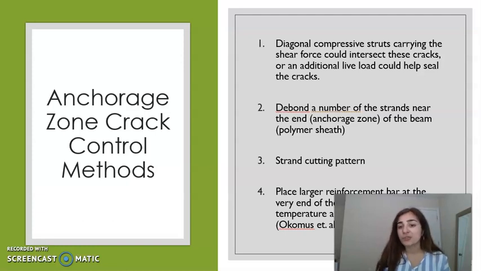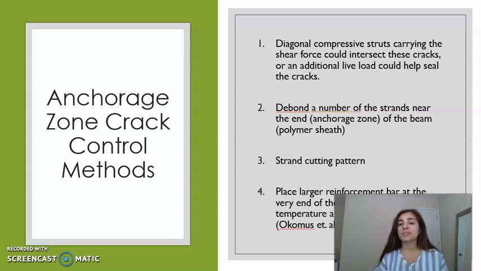A number of crack control methods can be used to prevent and control the cracks during the design stage and during the prestressing stage. One method on the design end is designing for a diagonal compressive strut, carrying the shear force to intercept these cracks, or additional live loading to help seal the cracks. Another method, as I discussed before, is using polymer sheaths to debond a number of strands towards the end of the girder.